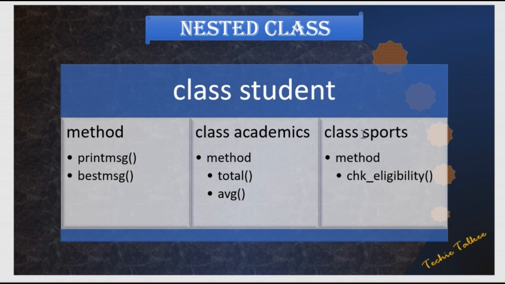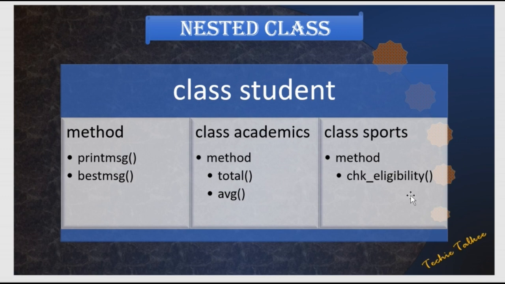And we are going to have two other inner classes, which are academics and sports. The inner class academics is going to have two methods, which are total and average. And sports is going to have a method to check the eligibility of the student. I'm keeping my example short by having only one method for sports, so you are free to write as many methods as you want inside the inner class.